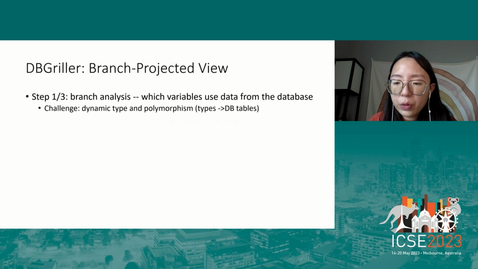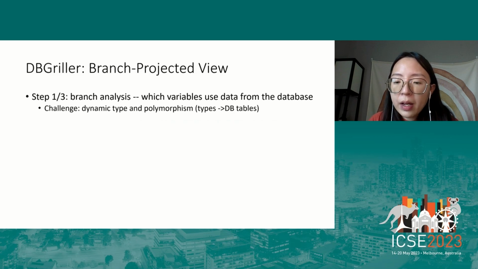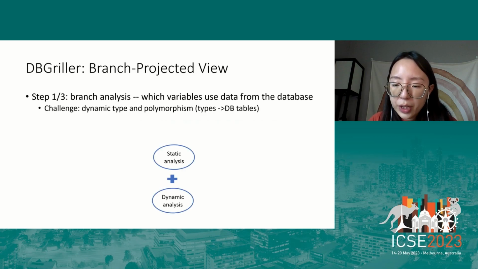To compute the view, we first do branch analysis to figure out variables associated with the database. Here, the actual type is crucial because in the ORM, the type tells which table this variable is read from. So the challenge here is to figure out variable types correctly for a dynamically typed language like Ruby. We tackle this challenge by combining static and dynamic analysis.